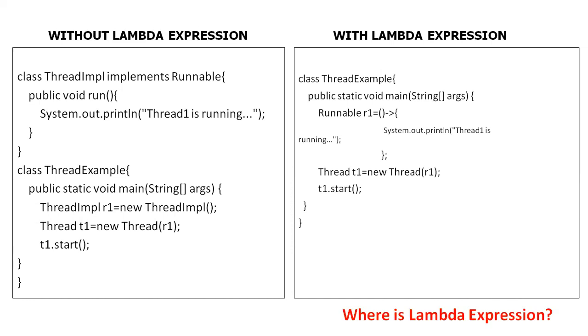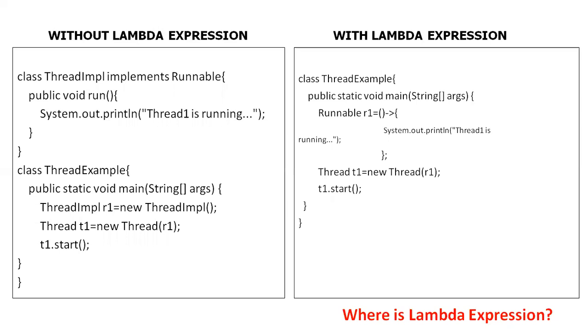First, the program without a lambda expression. The class ThreadImpl implements the Runnable interface, with public void run, and System.out.println "Thread is running". It implements Runnable, and it has the run method.